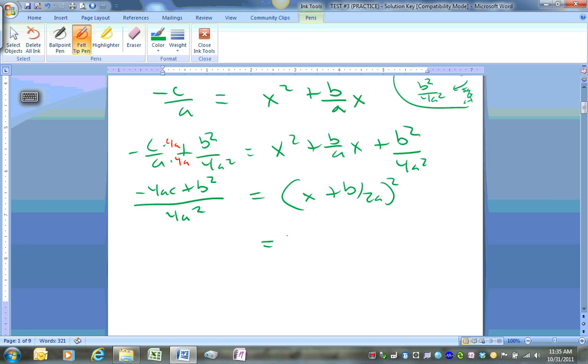Square root both sides, because again you're trying to solve for x. So you have plus or minus the square root of b squared minus 4ac all over 2a. And actually, let me redo that part. Only the top will be square rooted, because we squared the bottom; the square root of 4a squared is 2a.